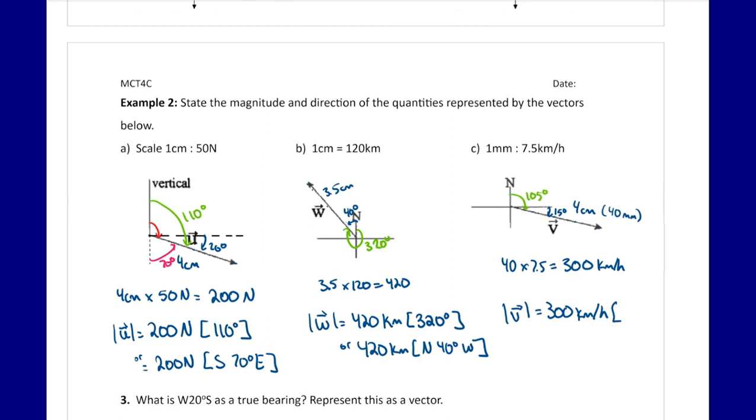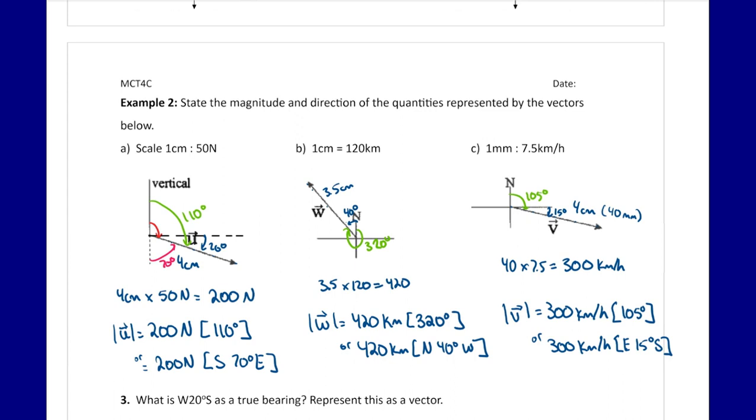So I could say that my vector V is 300 kilometers per hour with a bearing of 105 degrees, or I could say 300 kilometers per hour, east 15 degrees south, or 15 degrees south of east.